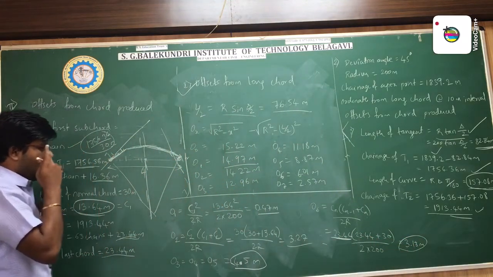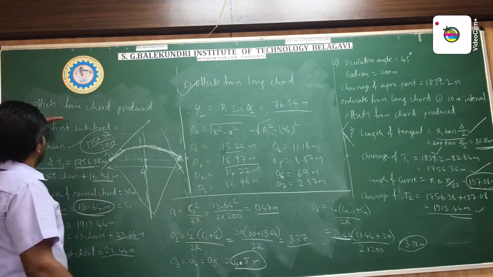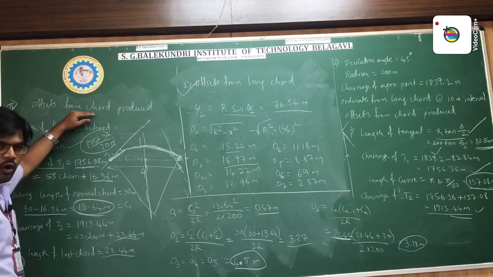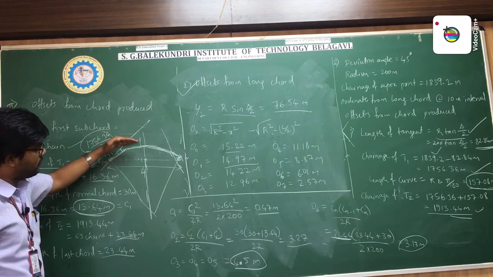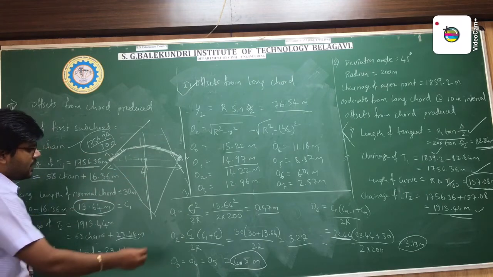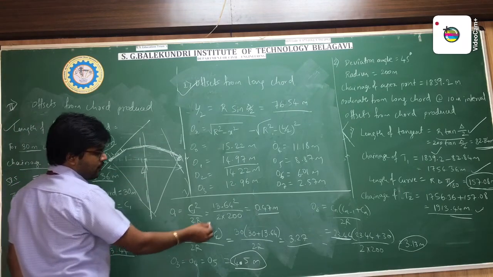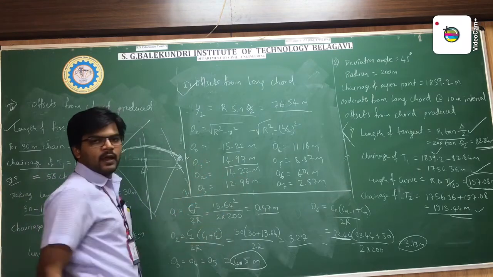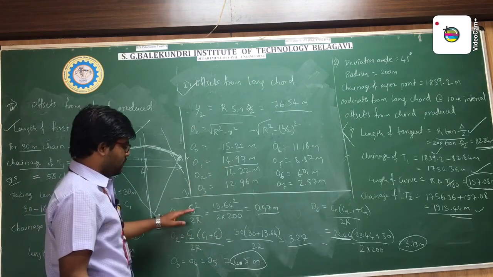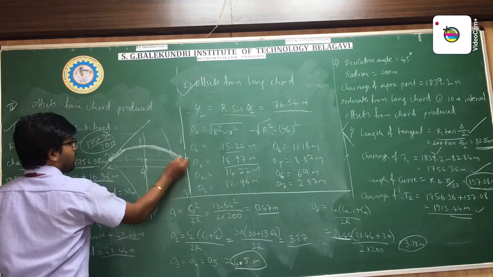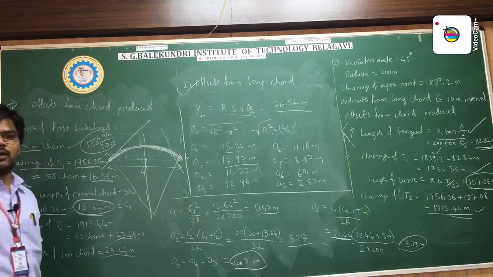Yes, like that, by the method of chord produced, by production of chords, you will get different ordinates: O1, O2, O3, O4, O5 and O6. With these ordinates, you can plot a simple curve here.